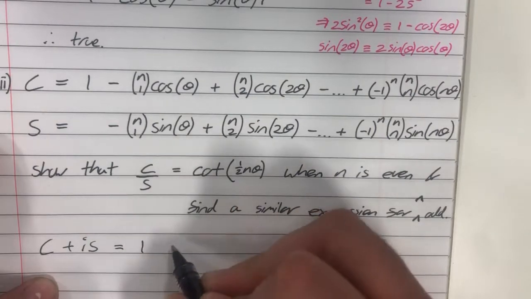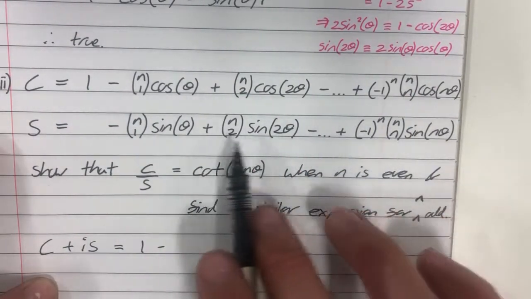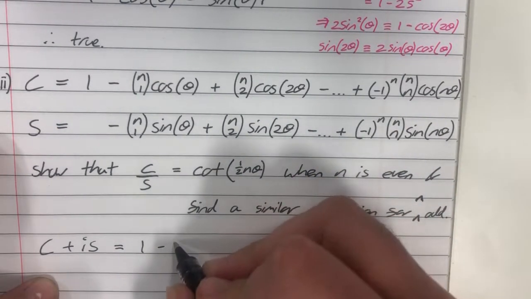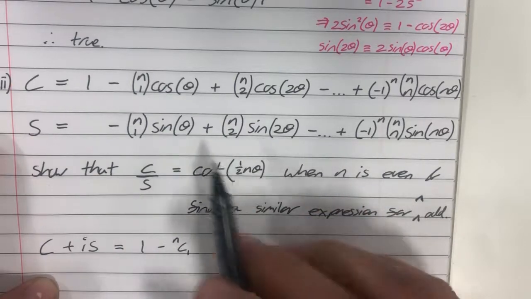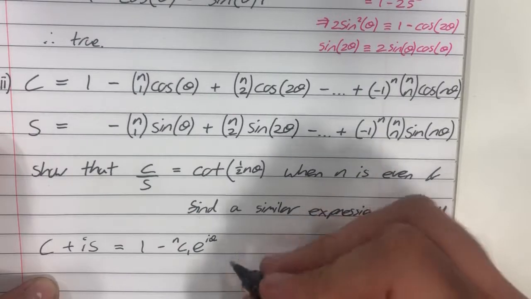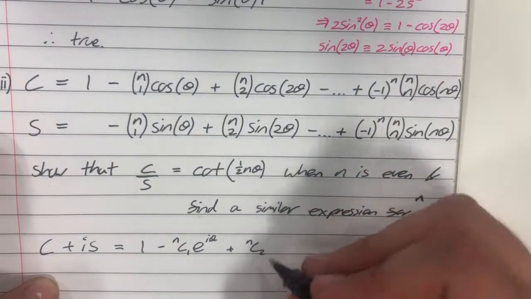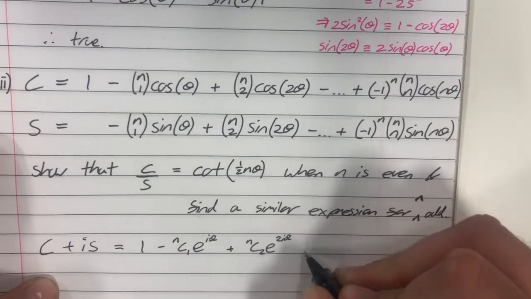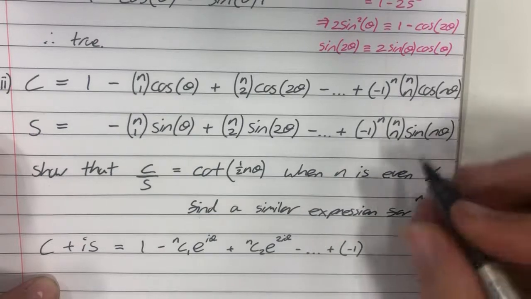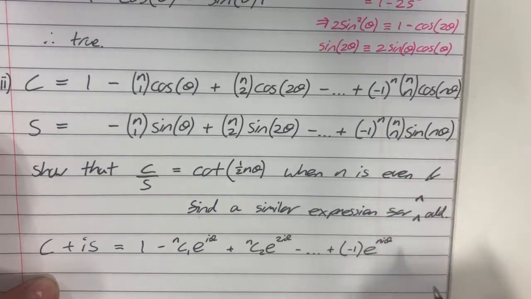And this is going to equal 1 minus, and we can see that the binomial coefficients this time are in vector form. Okay, but they are still just the binomial coefficients. So nC1, cos theta plus i sine theta is e to the i theta, nC2, that's going to be e to the 2i theta, minus dot dot dot, plus minus 1, nCn is just 1, and that's e to the ni theta.